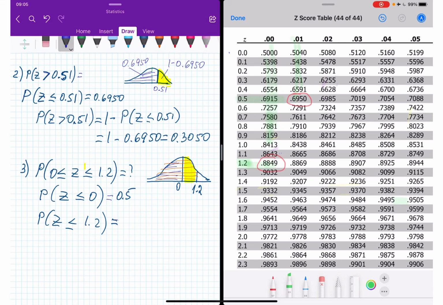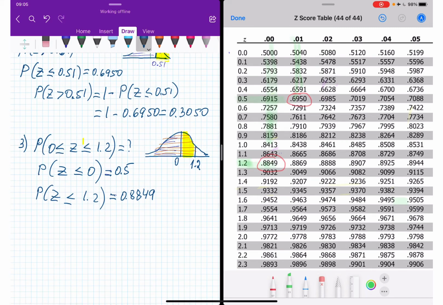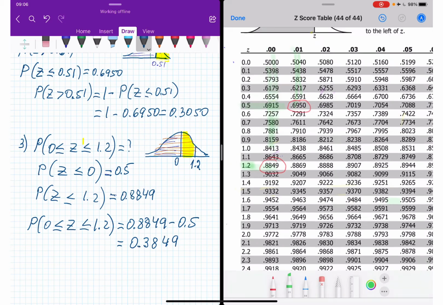So it is equal to 0.8849. Okay. So from here, the probability for z less than or equal to 1.2 is equal to 0.8849 minus 0.5, and that is equal to 0.3849. All right?